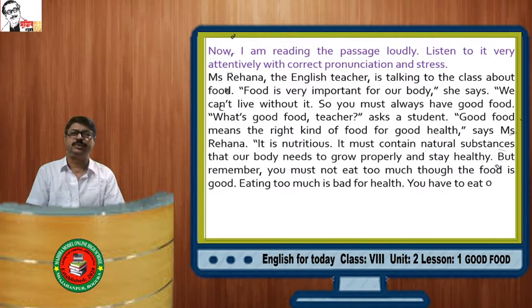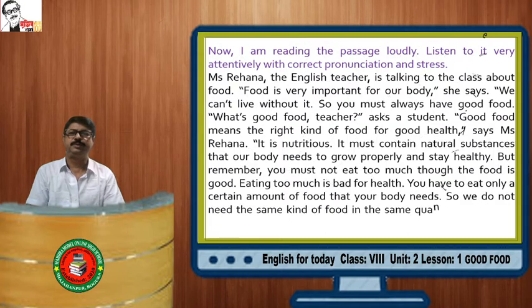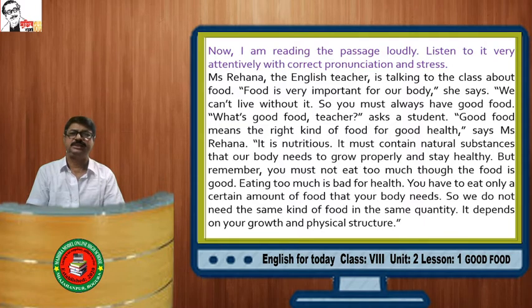What's good food, teacher? asked a student. Good food means the right kind of food for good health, says Miss Rehanna. It is nutritious. It must contain natural substance that our body needs to grow properly and stay healthy.